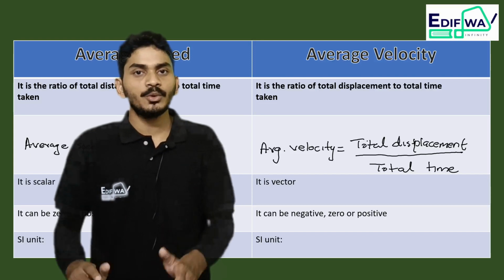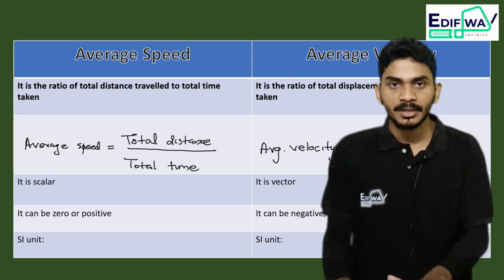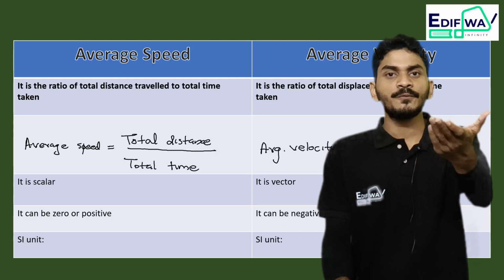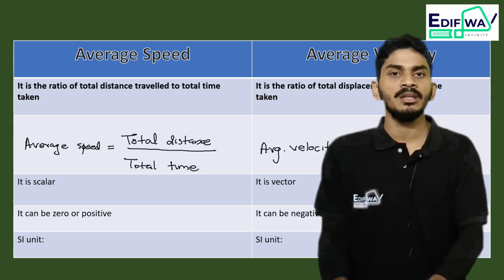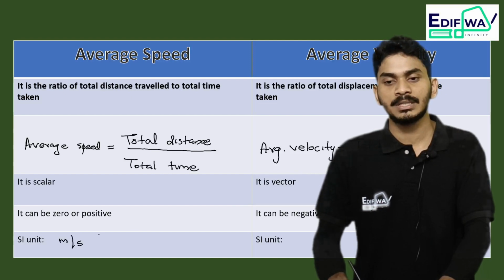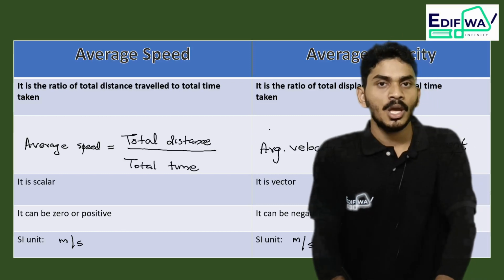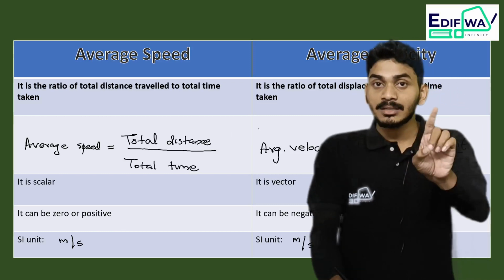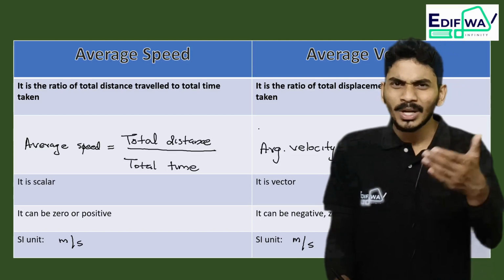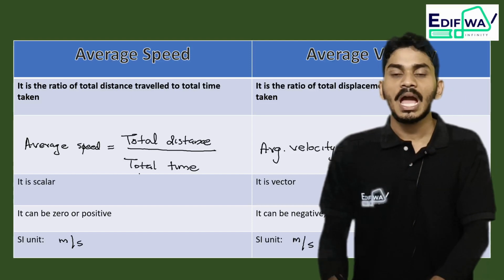What about the SI unit? Whether it is average or total, it is speed, so the SI unit is meter per second, and for average velocity the unit is also meter per second. Here also the same relation applies as we discussed for distance, displacement, speed and velocity: the average velocity is less than or equal to average speed.